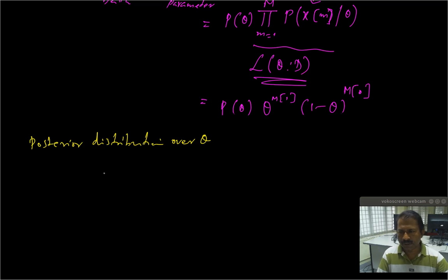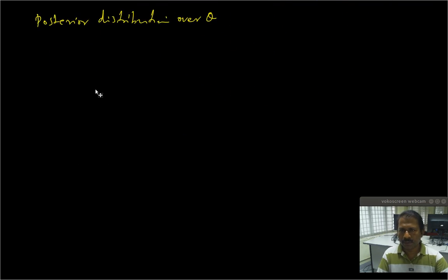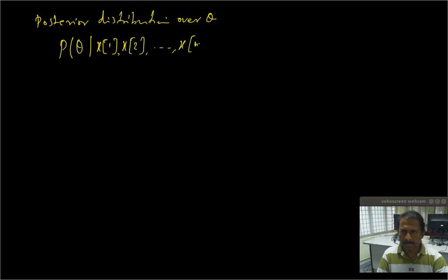How? So p of theta given data, where data is x1, x2, up to xm, right?